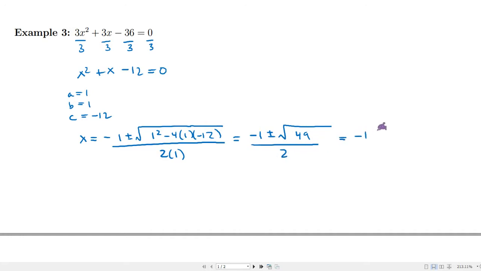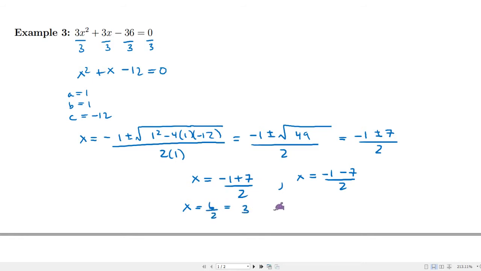So that's -1 plus or minus 7 over 2. So then x is -1 plus 7 over 2, or x is -1 minus 7 over 2. So x is 6 over 2, which is 3, or x is -8 over 2, which is -4. So those two actually ended up being pretty nice in the end.